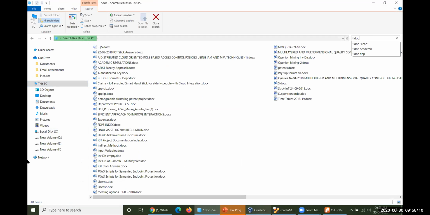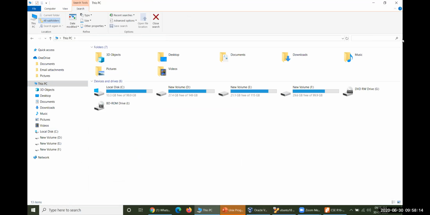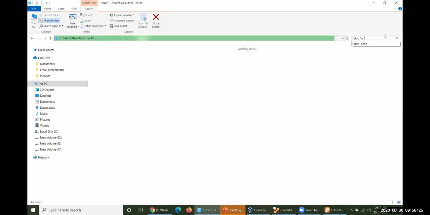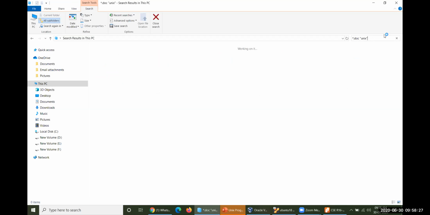If you want to search for one particular document which does have some specific name, that specific name could be, for example, Unix. Let us consider Unix. If I would like to search for the content or the file name which does have Unix. Okay, so this is the way you have to operate here.